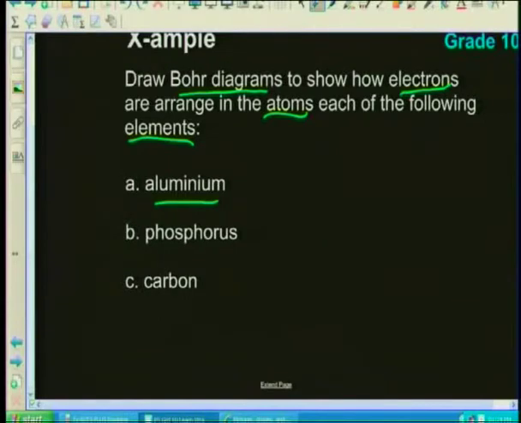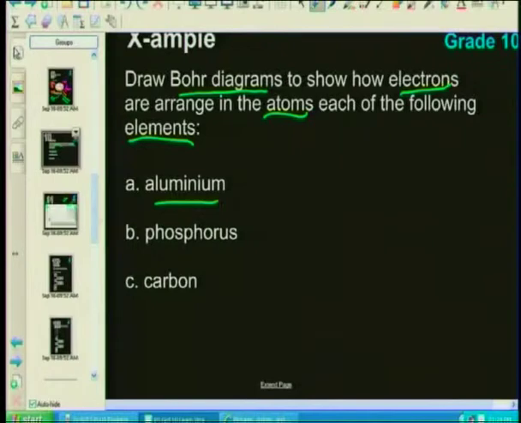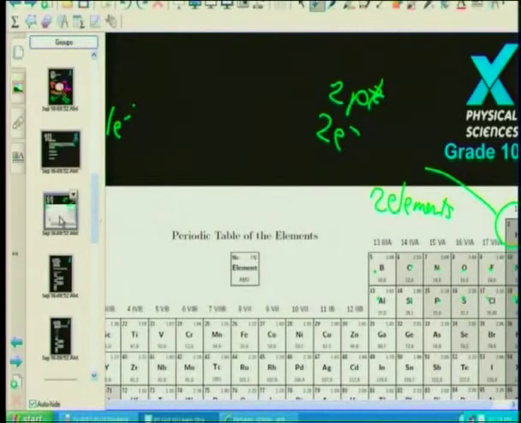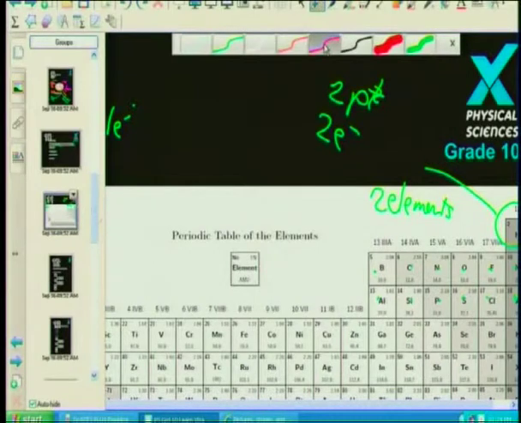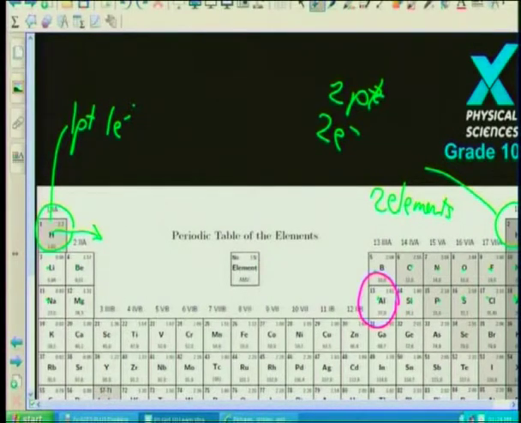What we're going to have to do is go to the periodic table, and have a look at aluminium. There it is, Al for aluminium, number 13 on the periodic table. So what does that tell us? Atomic number 13, number of protons 13, number of electrons, atom must be neutral, 13.